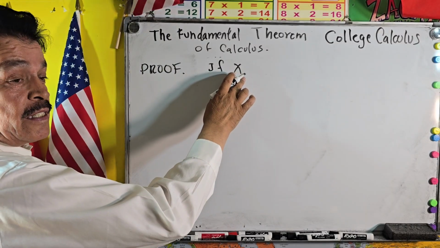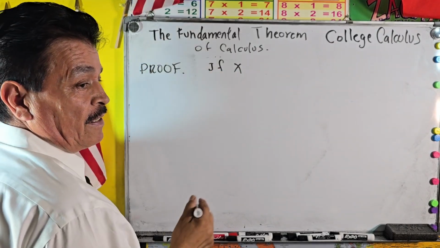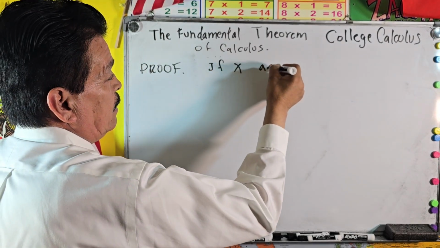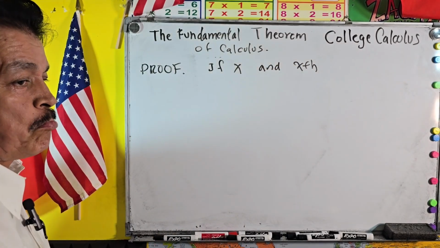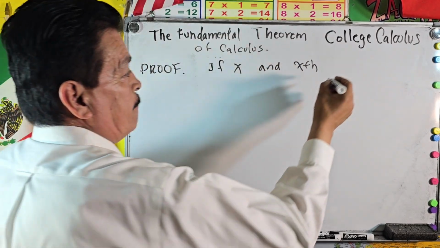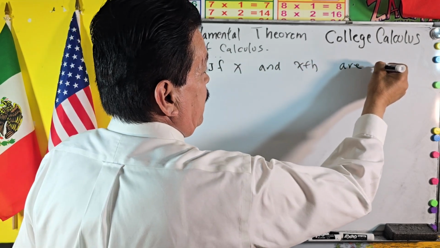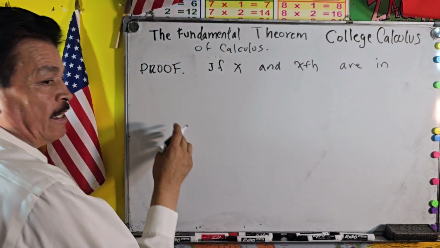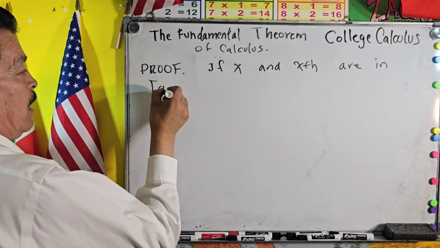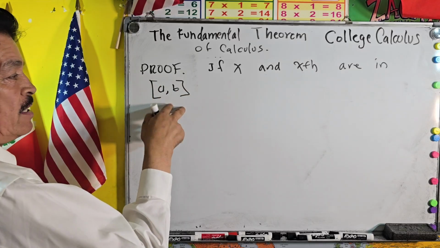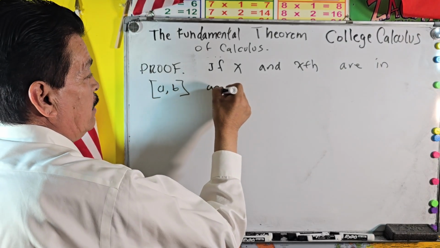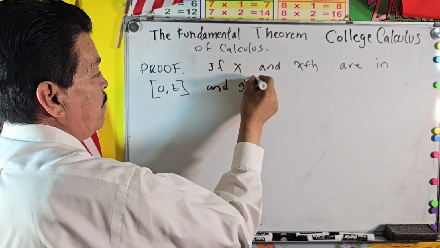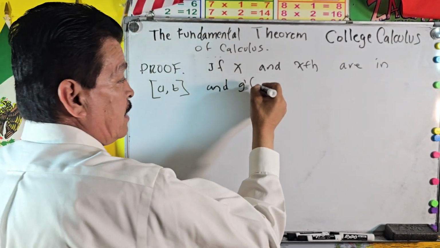Some proof is, in this case, if x and x plus h are in a comma b, so in this space, and g prime of x.